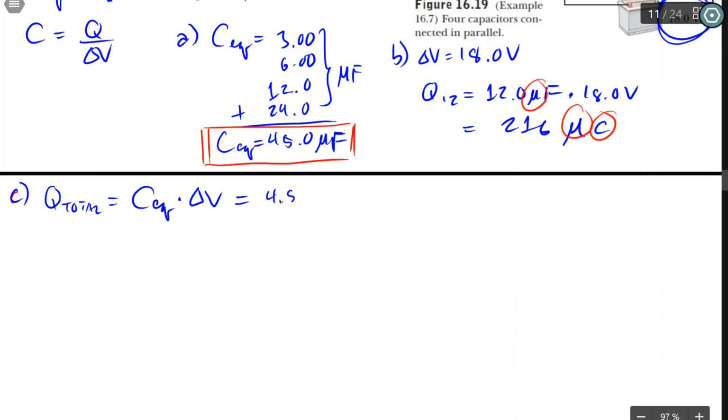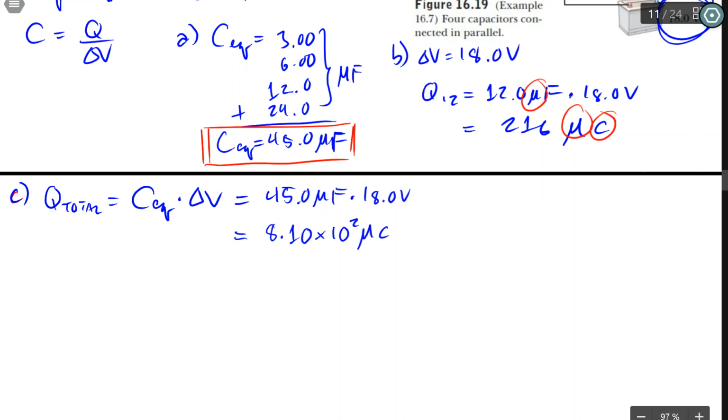That's simply the 45, not 4.5, microfarad, and we'll just carry on the micro as well, times 18 volts, and we're going to get 810 microcoulombs.